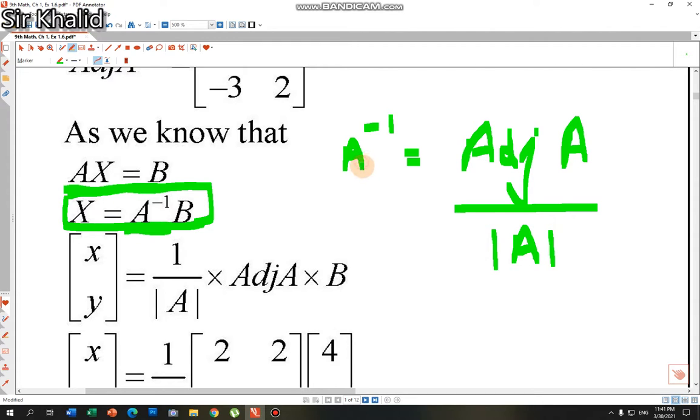To find the value of this A inverse, you have to find the adjoint of A and calculate this mod A.